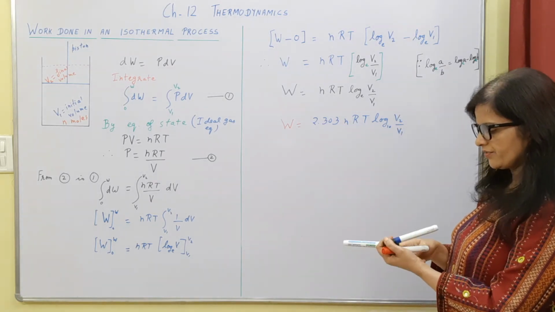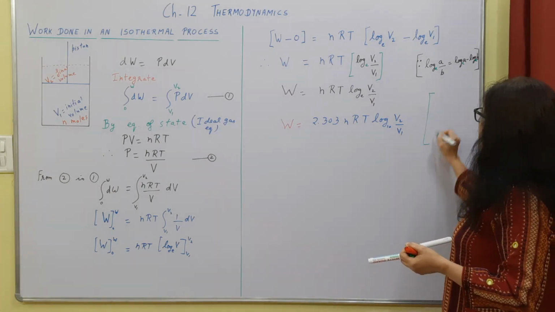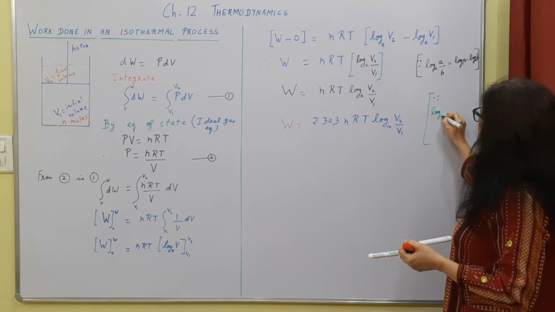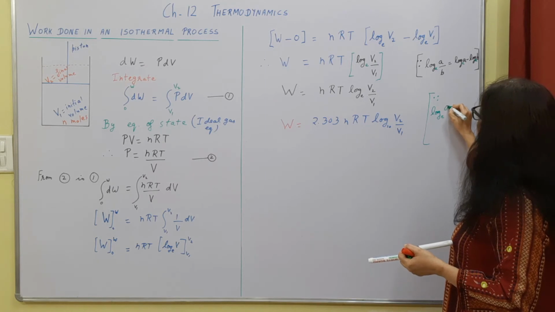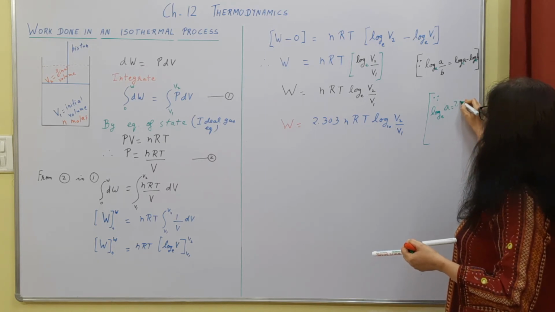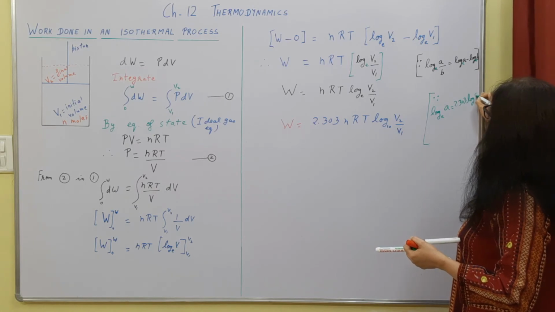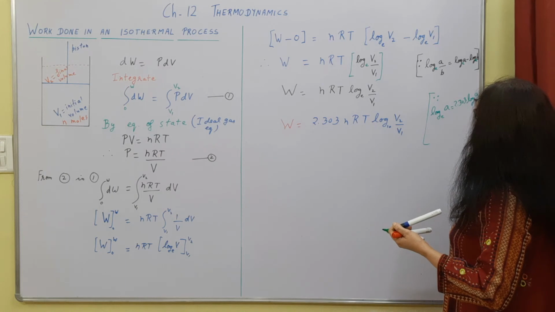Why so? Again, that reason we need to specify. Since log base e of any value A is 2.303 log A with base 10.